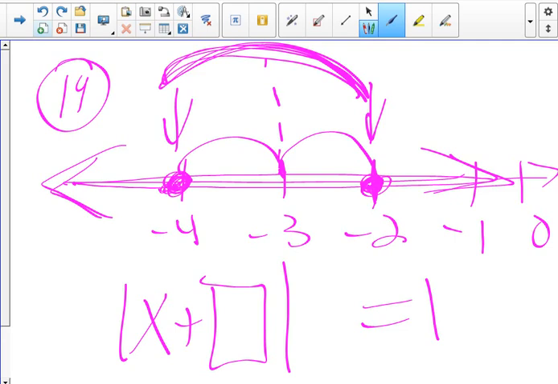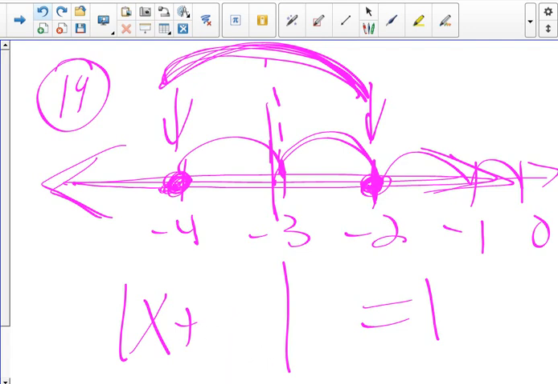So what if I put in a 0? There's lots of things we could put in here. Well, because we are 1, 2, 3 units back on the center point, I'm just going to start with a 3 here. So we've got the absolute value of x plus 3 equal 1.